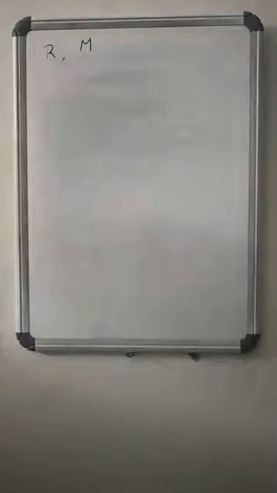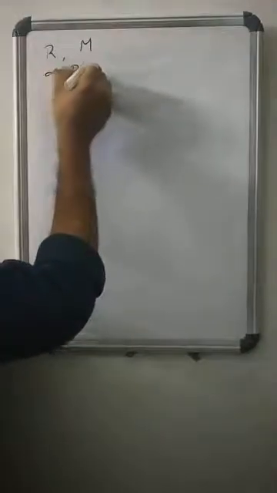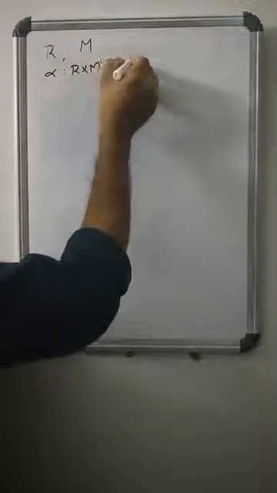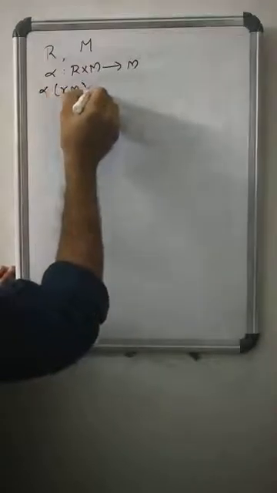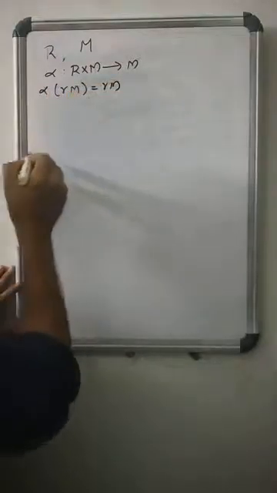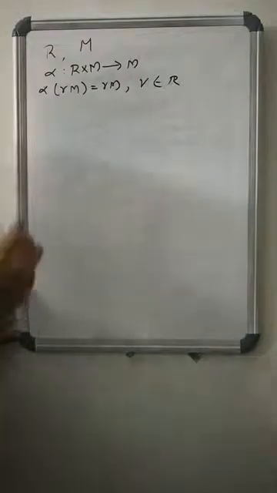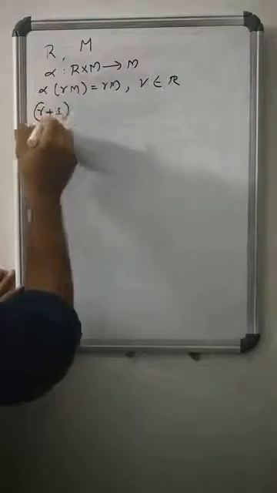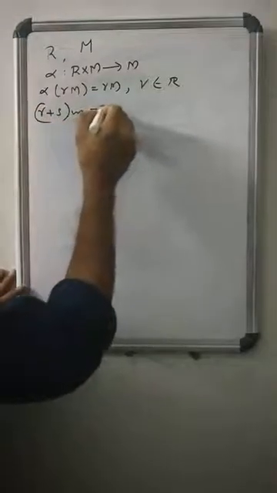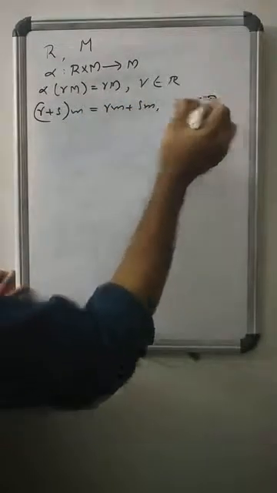An abelian group M written additively together with a function alpha from R cross M to M, where R is a ring, such that alpha of (r, m) equals rm for all r in R. It has the following properties: (r plus s) into m equals rm plus sm, where r and s are in R.